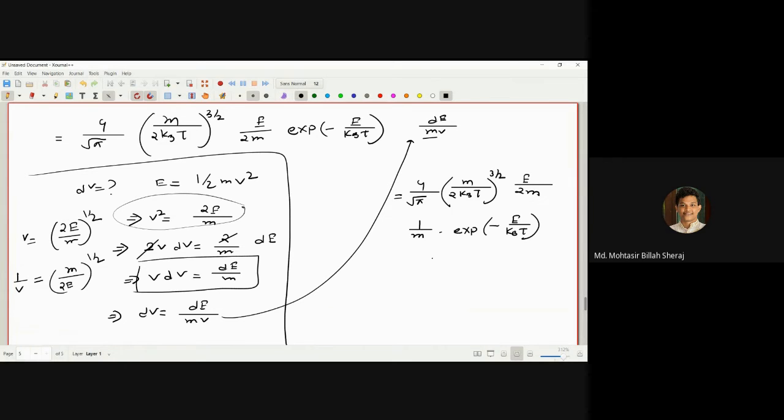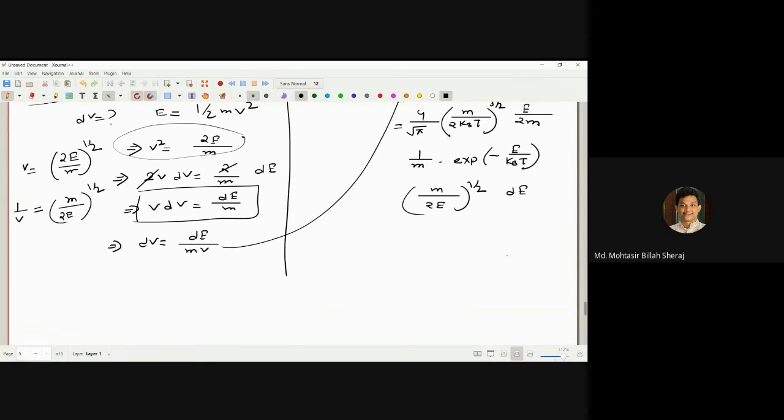So we will take this (m/2E)^(1/2) and dE.